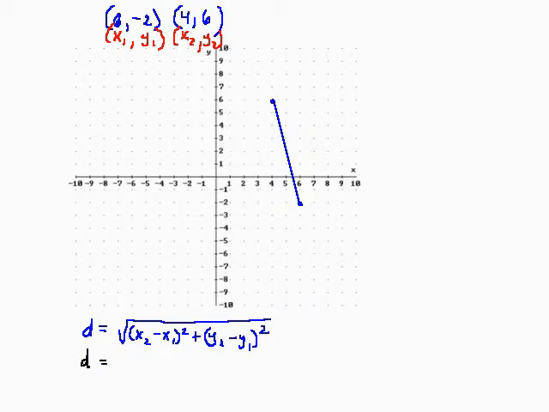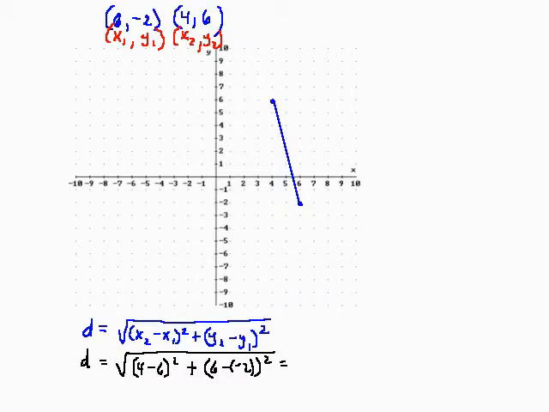So the distance will equal the square root of x2 minus x1, up top would be 4 minus 6 quantity squared. So the only thing you can do is plug something in wrong or not do some arithmetic right under here. Plus y2 minus y1 would be 6 minus -2. Oh, and I can see those sign errors happening on this already.